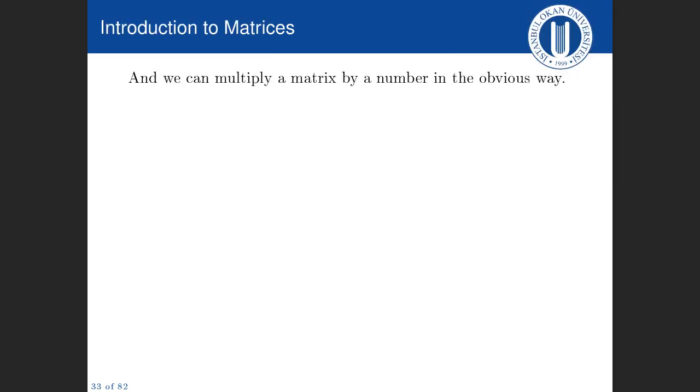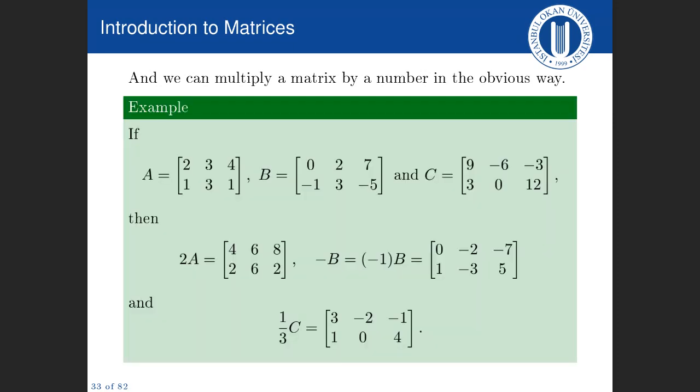Something else we can do is multiply a matrix by a number. And again, we do this in the obvious way. Again, I've got three matrices, A, B, and C. If A is the matrix 2, 3, 4, 1, 3, 1, then 2 multiplied by A, just multiply every entry by 2: 4, 6, 8, 2, 6, 2.